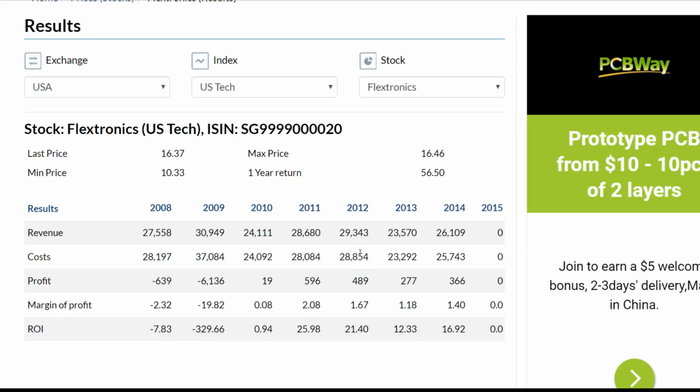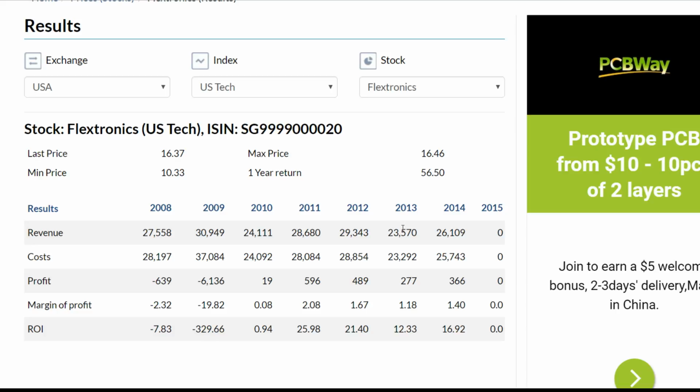The company had the lowest revenue, equal to $23.5 billion US in 2013, and the highest, equal to $30.9 billion US in 2009.